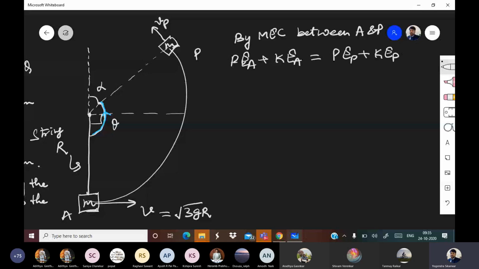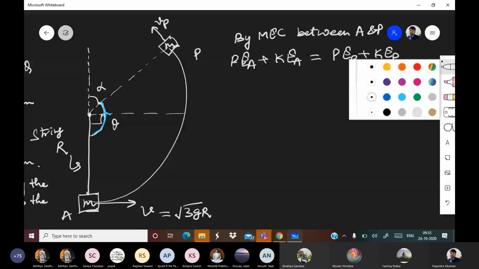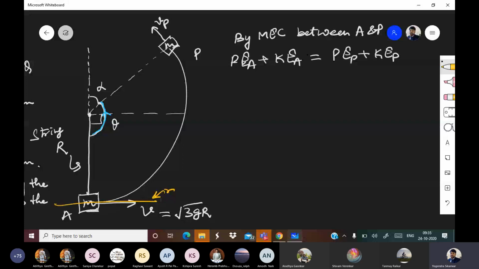All right. Now PE_A, we are assuming that A is the reference line. This is our reference line. So PE_A will be 0, plus KE_A, half m into root 3gr whole square.